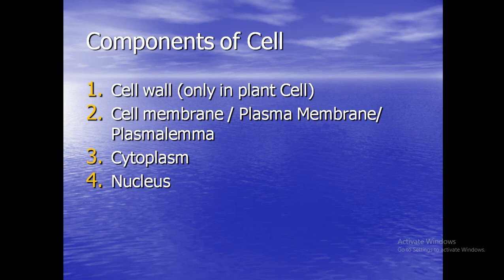Then inside the plasma membrane, which is the boundary for the animal cell, is the third component, that is the cytoplasm, which is an aqueous or fluid medium protected externally by the plasma membrane.